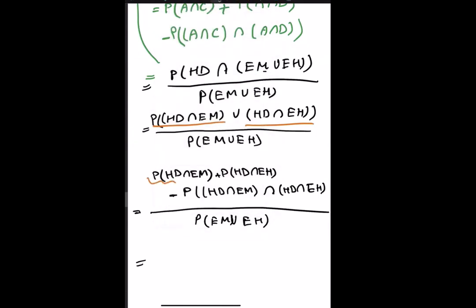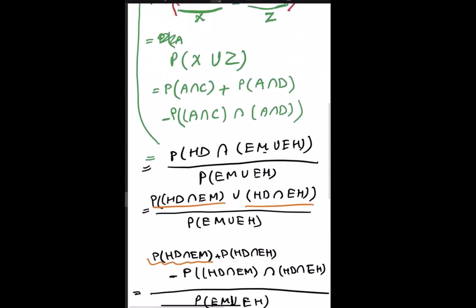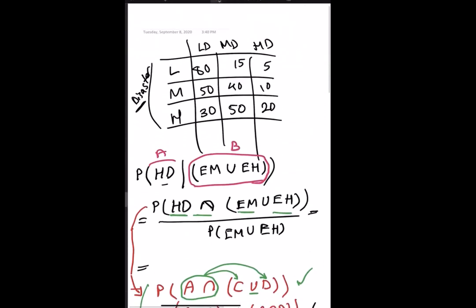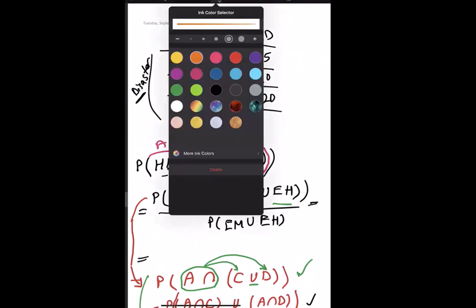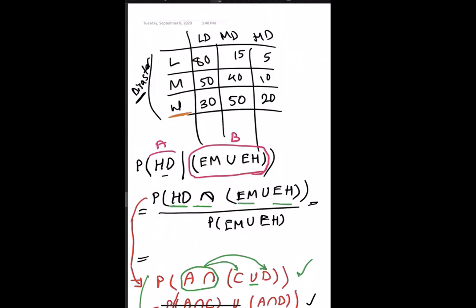What is the probability of high debris and earthquake moderate? High debris and earthquake moderate. So high debris is here, earthquake moderate is here.